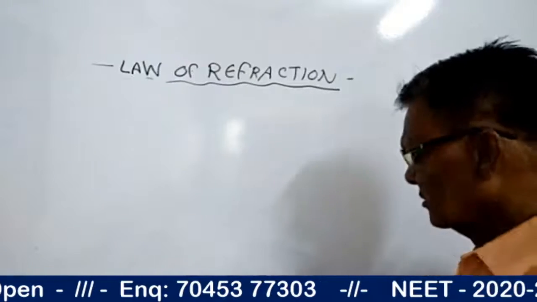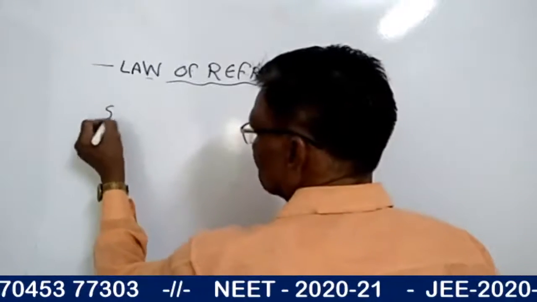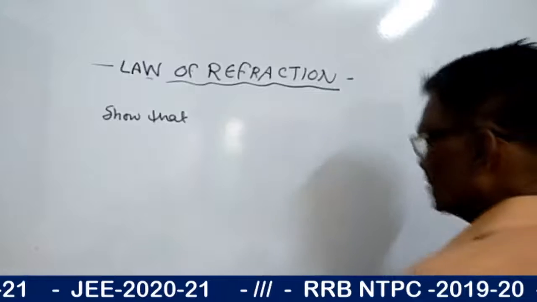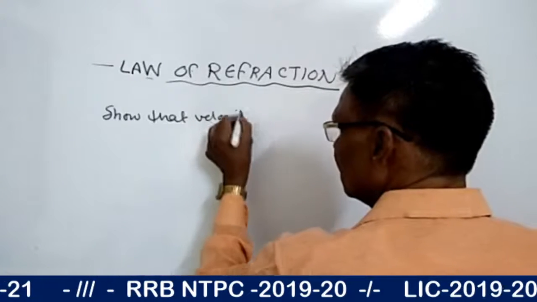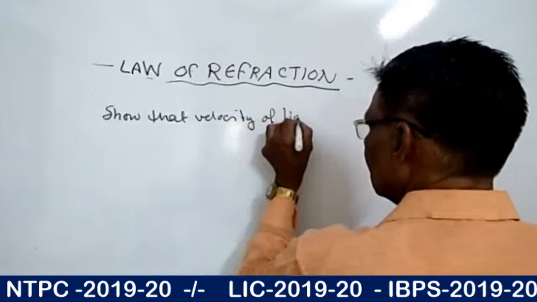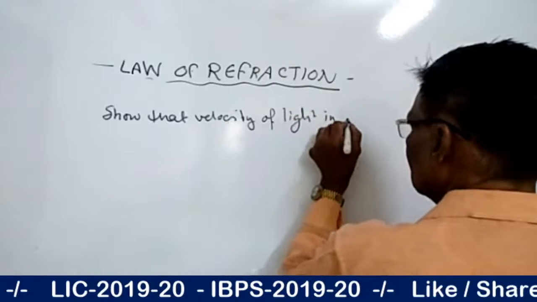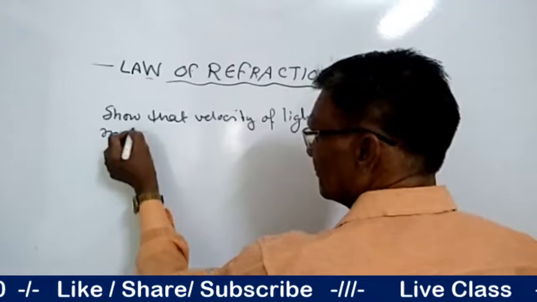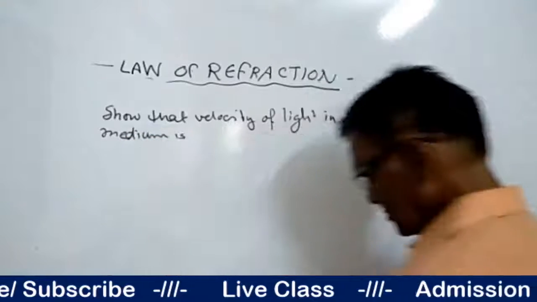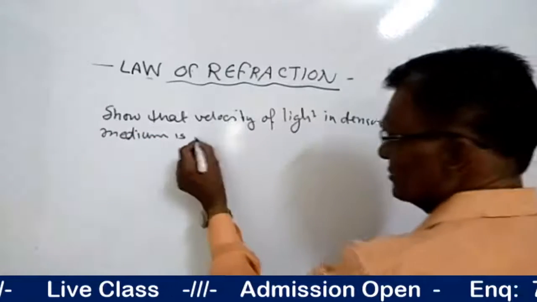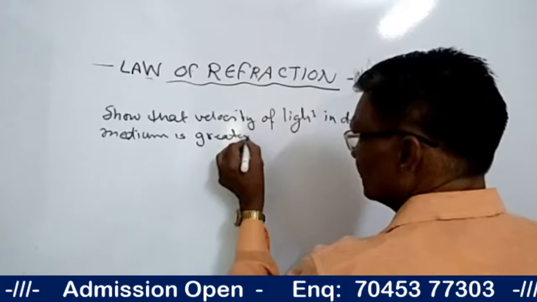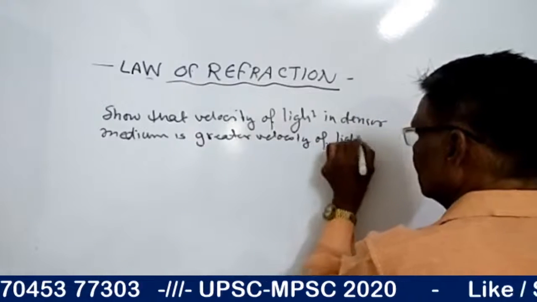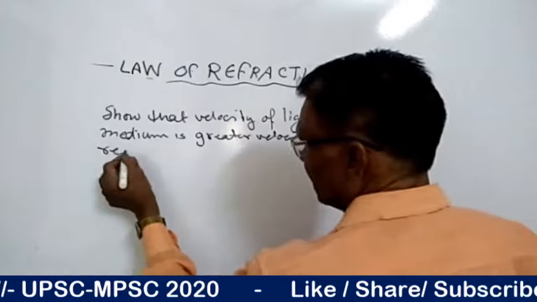One question I told regarding: show that velocity of light in denser medium is greater than velocity of light in rare medium.